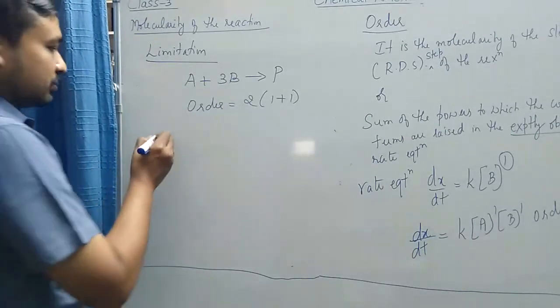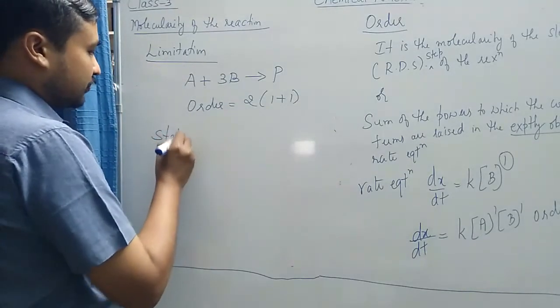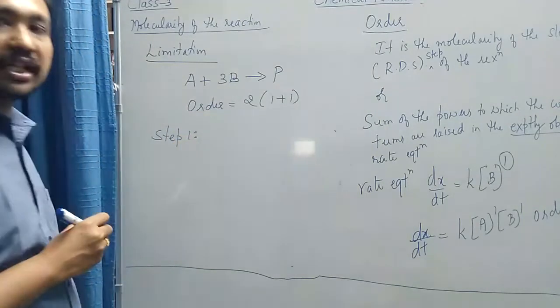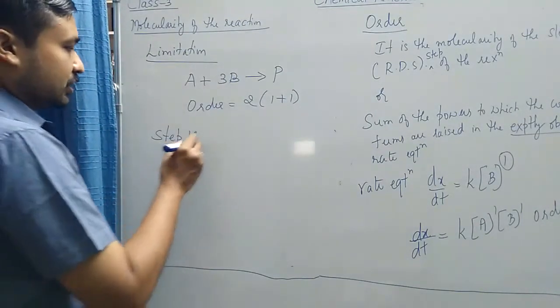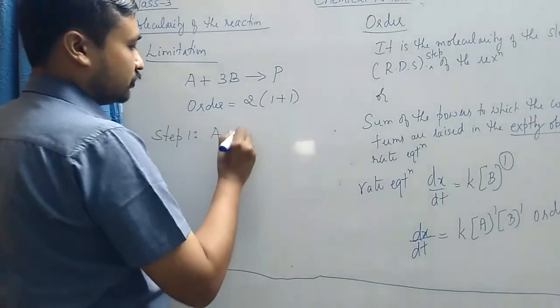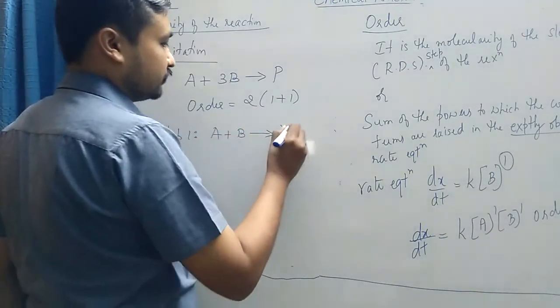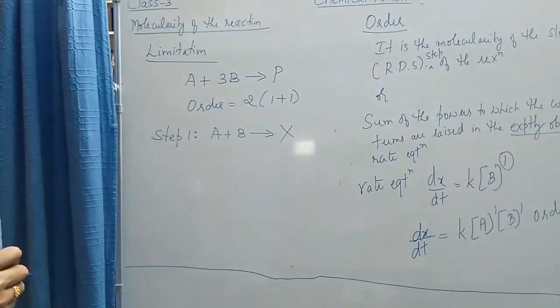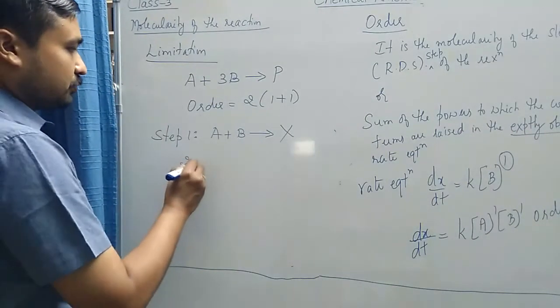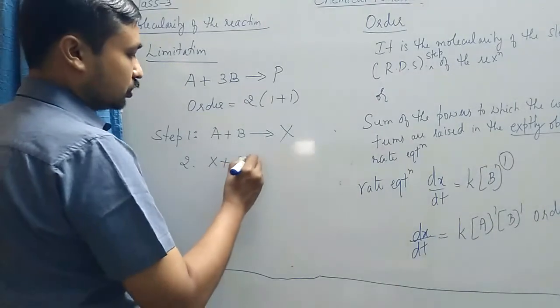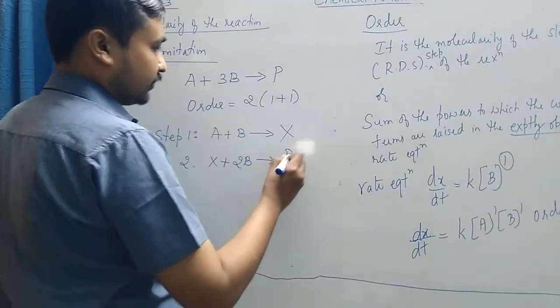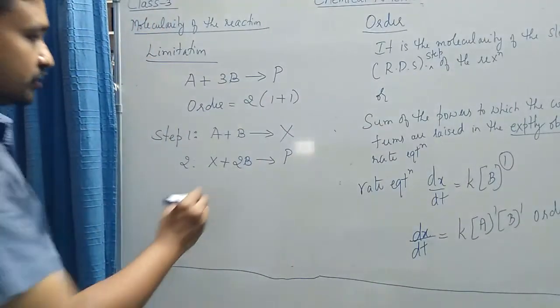So I will propose a mechanism based on the previous chemistry knowledge I have with these reactions. I am proposing a mechanism that in the first step, one molecule of A and B react with each other to give an intermediate X. In the second step, this X reacts with two molecules of B to give the final product. So what is the overall reaction?